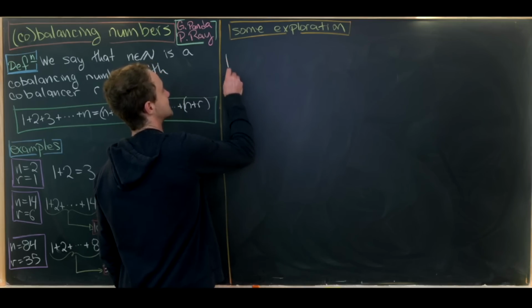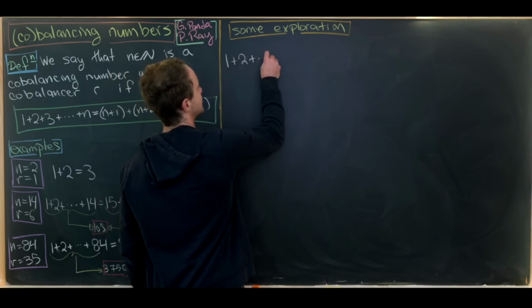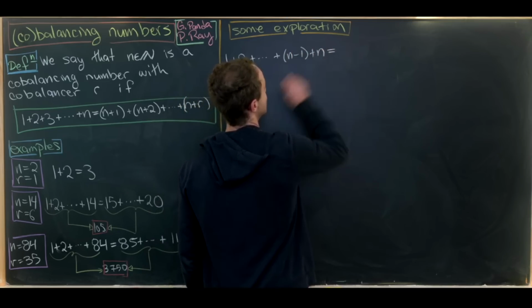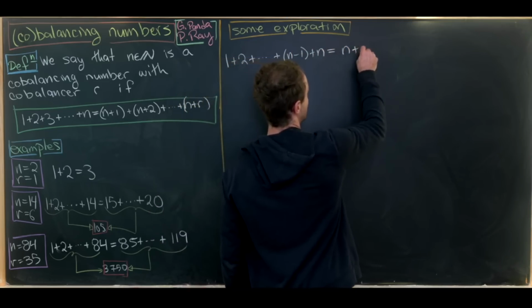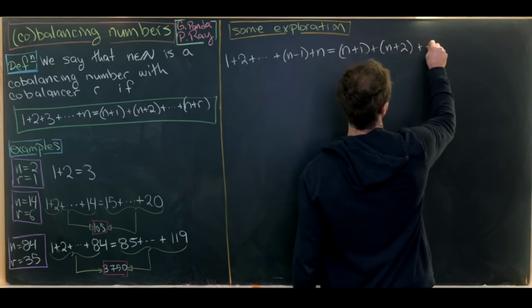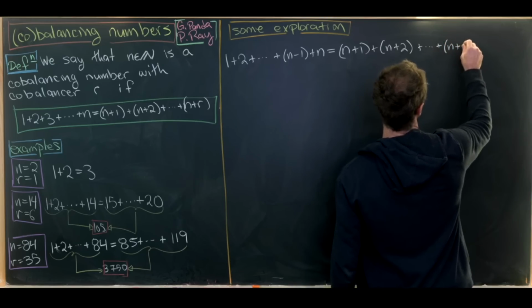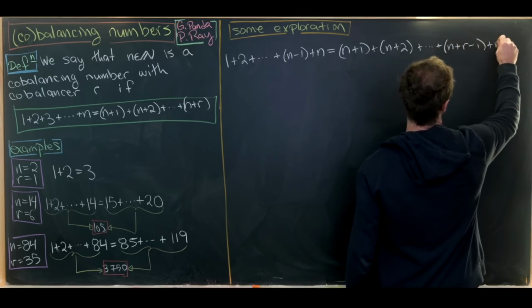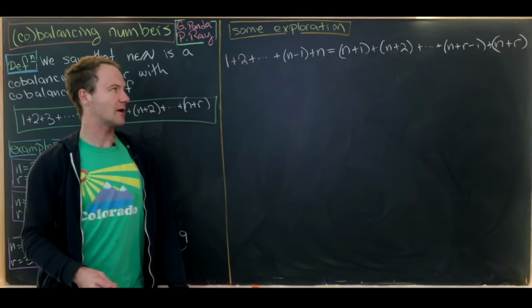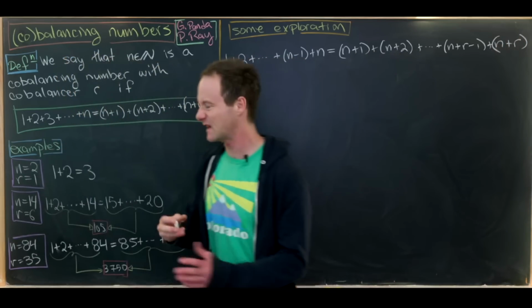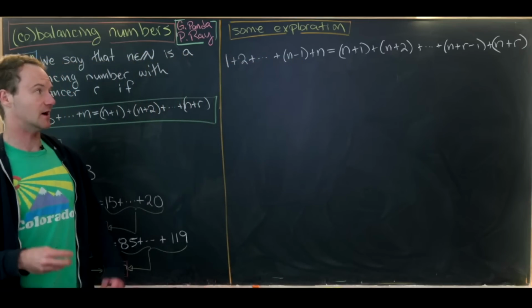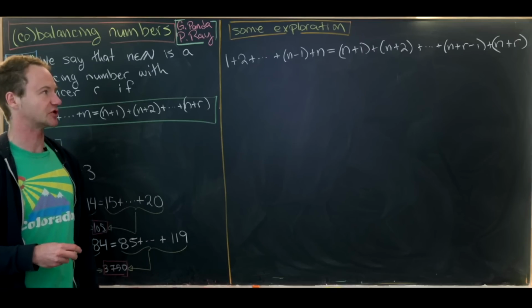We have the sum 1 plus 2 plus 3 plus 4 all the way up to n minus 1 plus n is the same thing as n plus 1 plus n plus 2 plus all the way up to n plus r minus 1, and finally n plus r. I went ahead and put a couple of extra terms in here just to fill in the middle so that we could see more structure as we do this exploration.